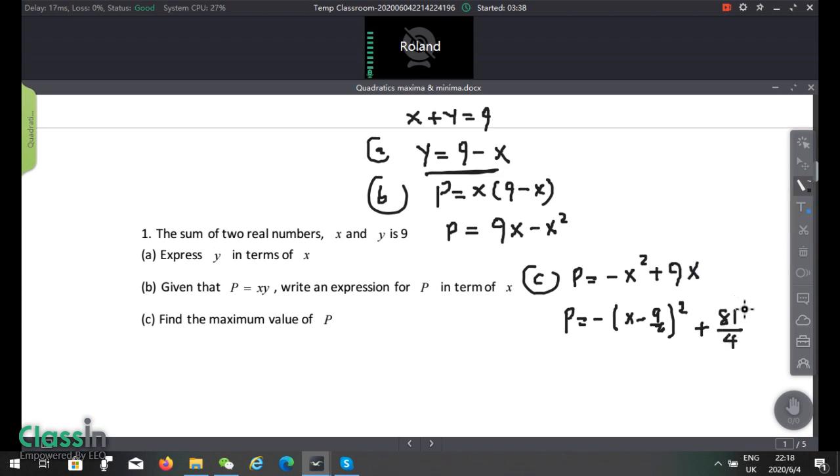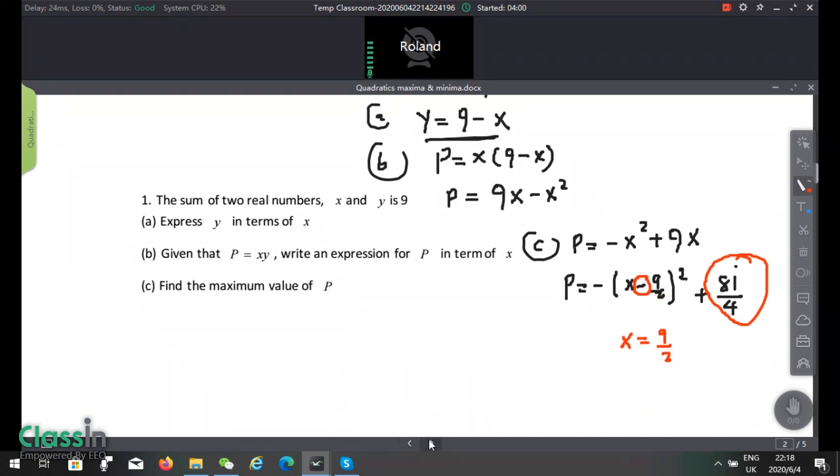And as we said, in this case, this will be the maximum value of p, which is 81 over 4. And this maximum value of p occurs when x is positive 9 over 2, because this is negative. So x will be positive 9 over 2.